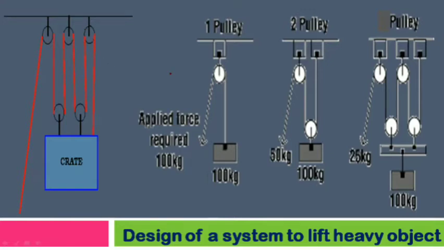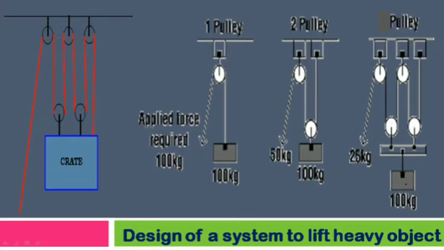If we use only one pulley to take a load of 100 kg, we require 100 kg of force. When we use two pulleys to carry a 100 kg load, we can apply just 50 kg of weight or force.